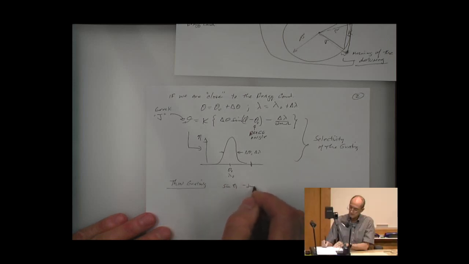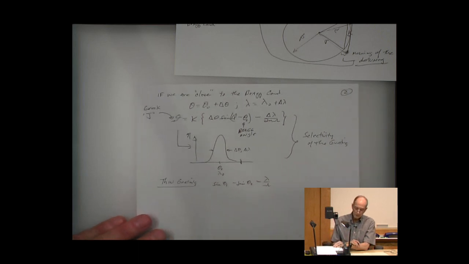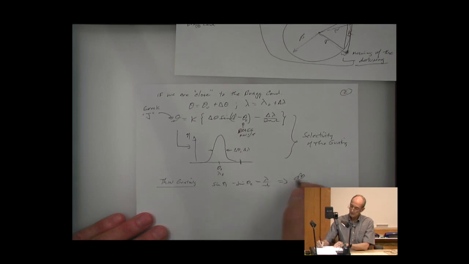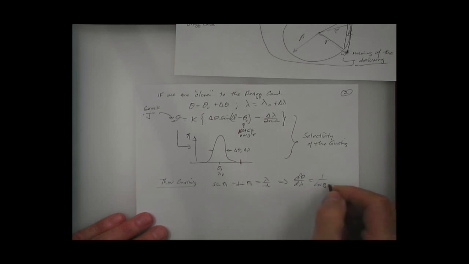For a thin grating, we can use the grating equation, sine theta 1 minus sine theta 2 equals lambda over the period, and we end up with a dispersion relation d theta d lambda equal to 1 over cosine of theta d, the diffraction angle, times the period.